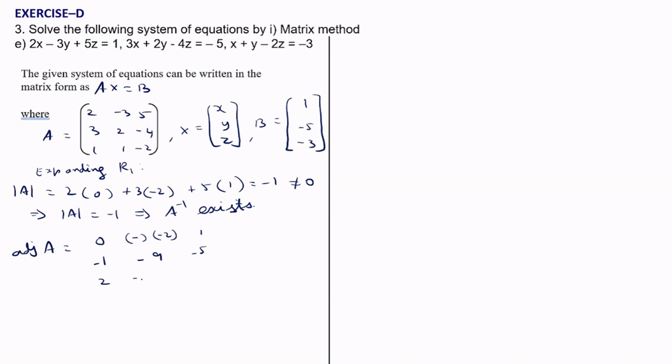Then we have minus 8, minus 15, minus 23. And finally 4 plus 9, 13. The whole transpose. So first row becomes the first column, second row the second column, and third row the third column.